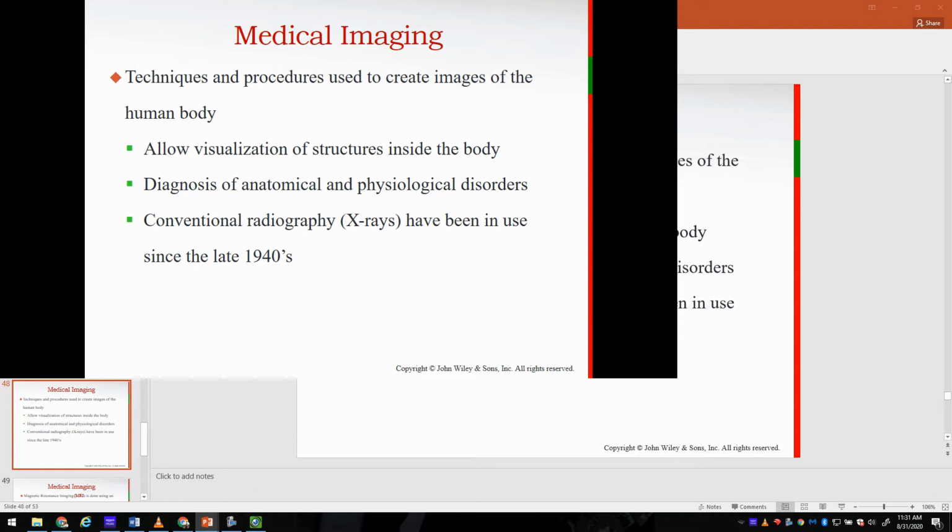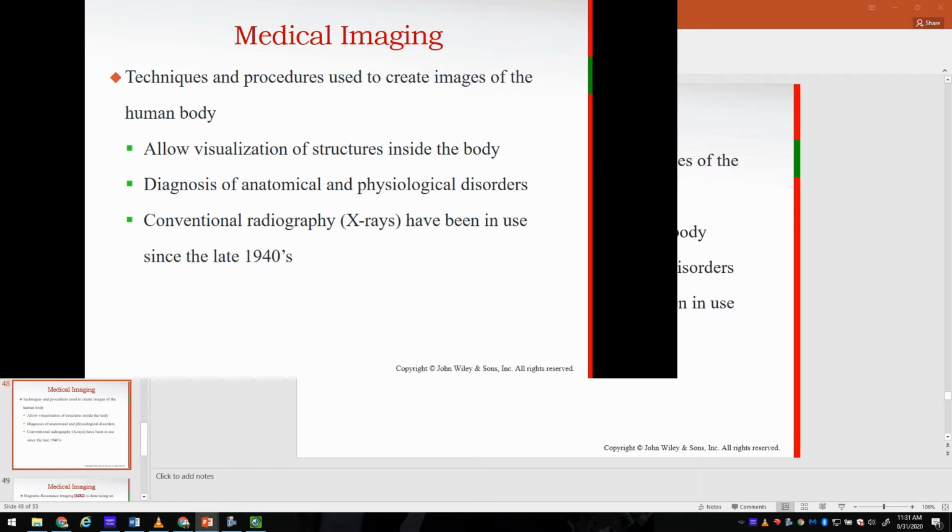So medical imaging allows visualization of structures inside the body, and the advantage to that is we don't have to cut you open to examine. They can take a look without the need of exploratory surgery. It helps in the diagnosis of anatomical and physiological disorders.